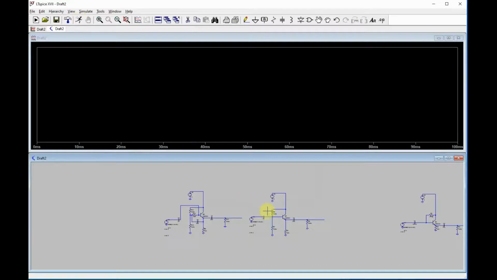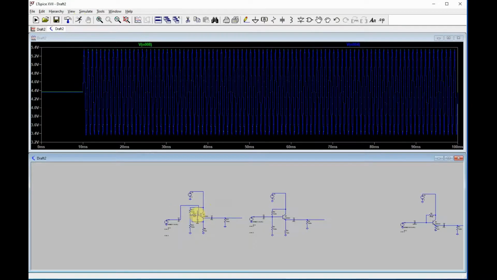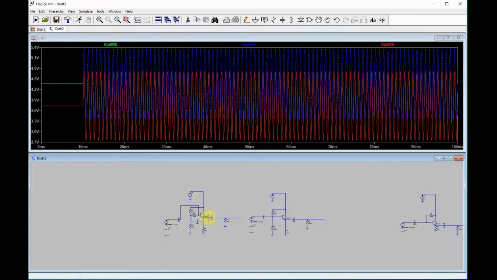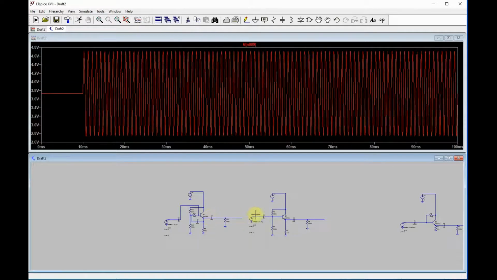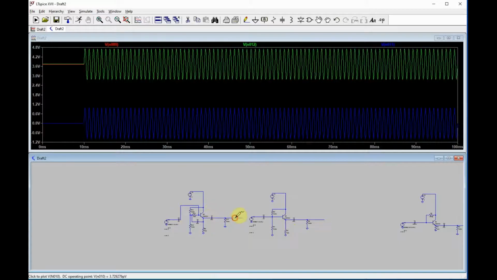Okay, so remember, we said the bias here was 4.5 or about. And let's see what we've got here. About the same thing. It's just slightly lower, probably because of this. Let's see if the output is 3.8. So see, our biases haven't really changed. So you get the picture.